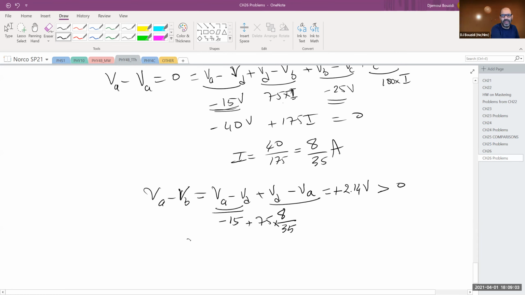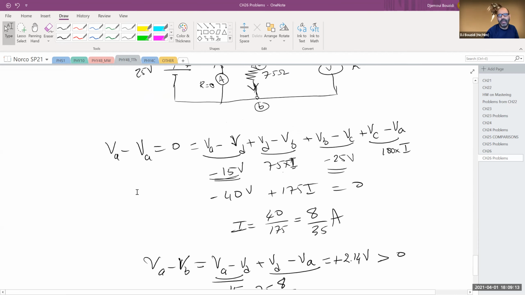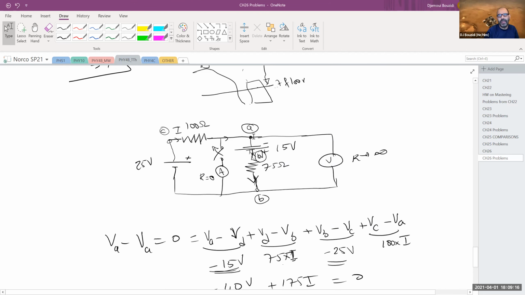That means A is higher than B. Okay, A is higher than B. Technically, if it were only for the battery alone by itself, if this resistor was not there, this would be actually a rise. Point A would be a lower potential than this point. But because now we have this resistor, overall, A, instead of being lower, is higher.